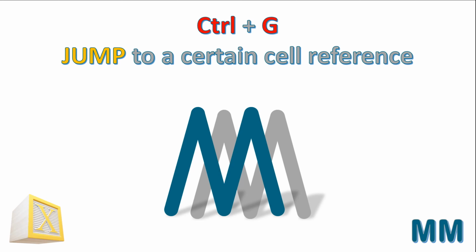So I'm at M1001 and I want to go quickly to A1. One of the options that I have is to press on the Control G and there to type A1, and that will make me jump directly to that cell reference. So I will take the Control G to go to a cell reference.